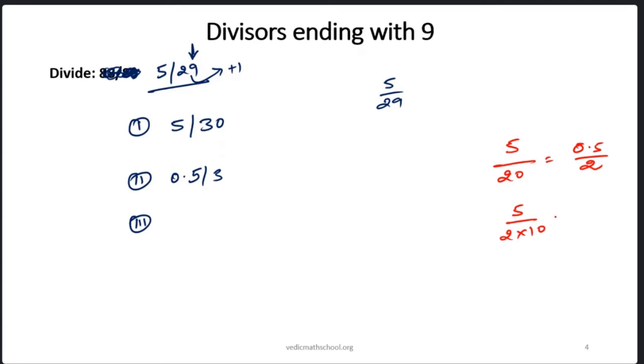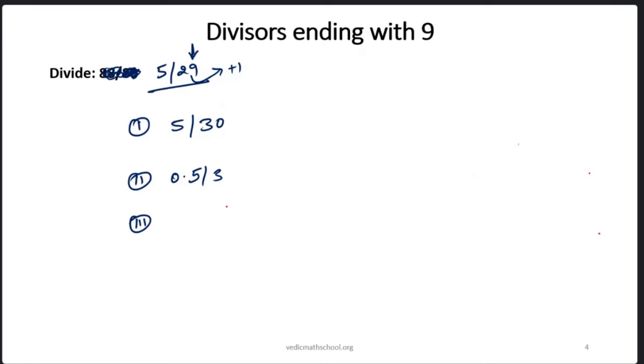What is 5/10? 0.5, and in the denominator we have a 2. In this way, this will become 0.5/2. The answer will become 0.5/2. Is this clear now? For Satyam, is this clear? Yes, sir. Okay. So now what we are going to do is divide this 0.5 by 3 and go ahead with the process.